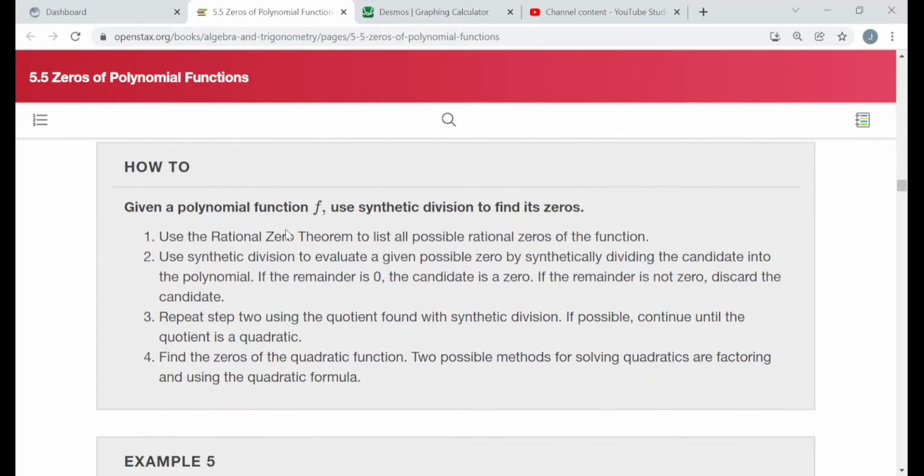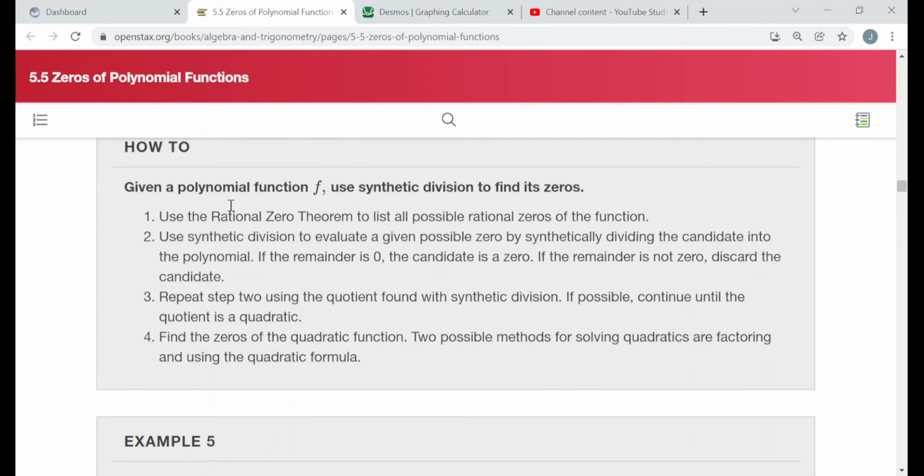And then there's this little how-to here. I'm going to be following pretty much these same steps for each of the examples I'm going to show you today. So given a polynomial function f, use synthetic division to find its zeros. I also did this in my previous video on the rational zero theorem.